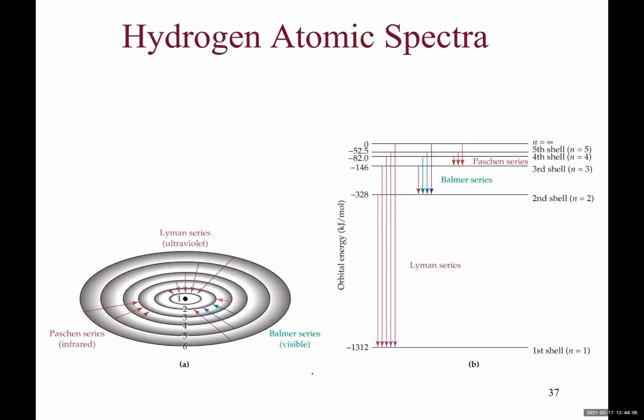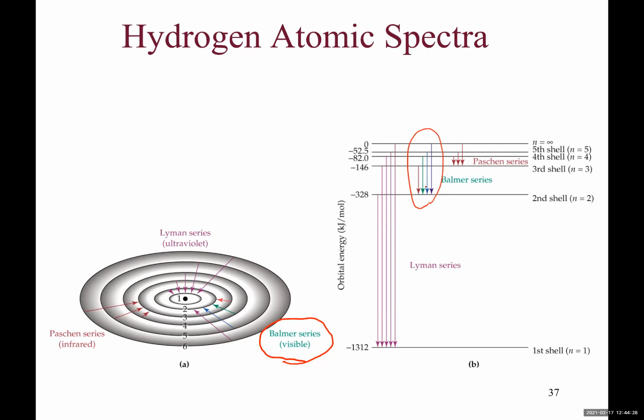So what we are seeing is only visible light. Based on the calculation of Bohr, these are called the Balmer series. This is the only visible light that we are seeing. The other lines we can't see.